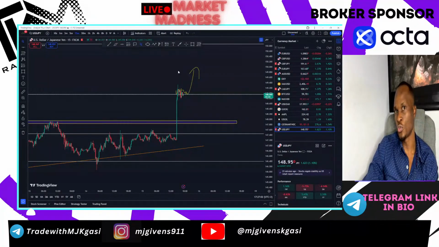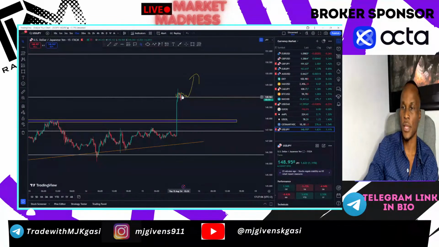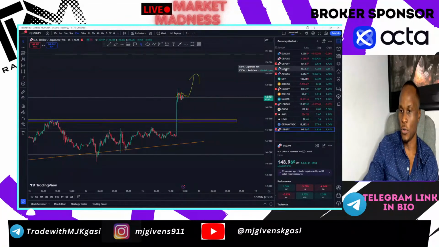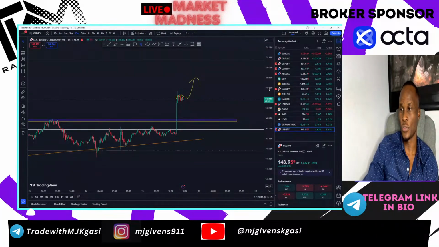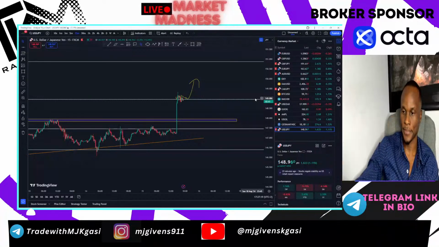Now, the Japanese yen also wants to take it to the downside, but it cannot because it's also weak. How do I know the yen is weak? Because it's weak against GJ, it's weak against EJ. If I now go to the Forex heat map, I'm sure the yen is the weakest for the day.